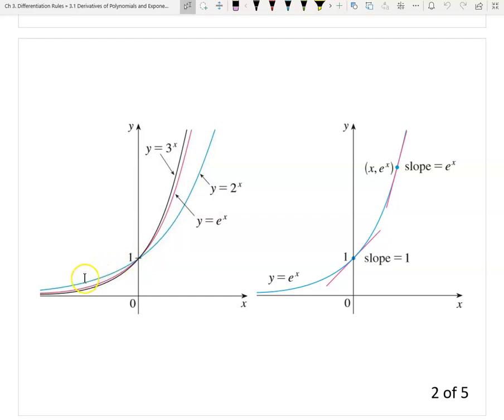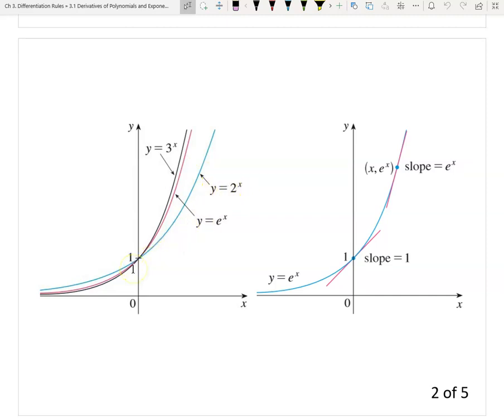If we draw two tangent lines, to find the slope of the tangent line at 0, we will have these results. For the blue one, y equals 2 raised to the x, the slope of the tangent line is less than 1.